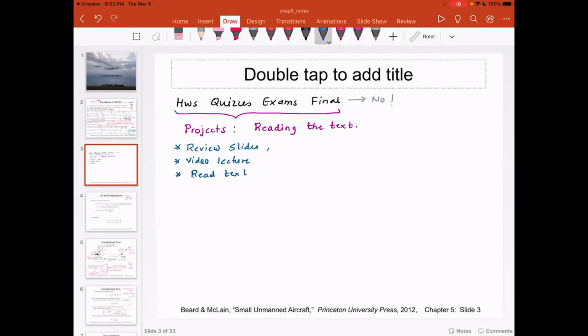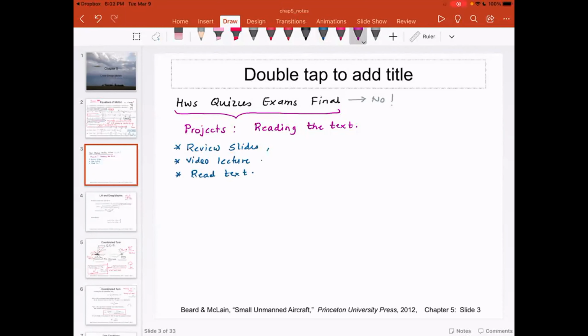Reading the textbook is very important because many times it may not be possible to explain all the concepts, or I may not spend more time on the things that I think you already know. So please spend time on reading the text.